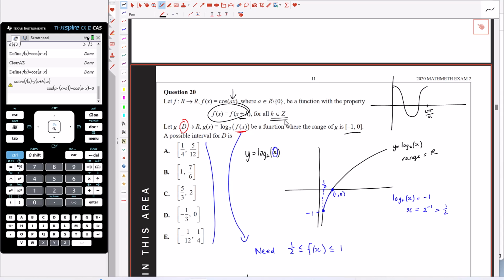If h is 0, we don't translate it anywhere, that's true. If h is 1, we also need that to be true. So we need, for example, f of x to be equal to f of x plus 1. Let me see what happens if I do this.